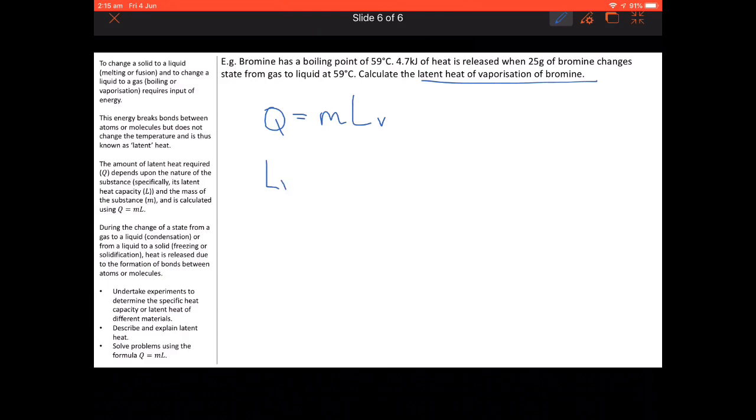To find this, we just have to rearrange, so latent heat of vaporization is going to be equal to Q divided by M. We know that Q is 4.7 kilojoules because that's how much heat was released, and our mass is 25 grams, which is 0.025 kilograms.